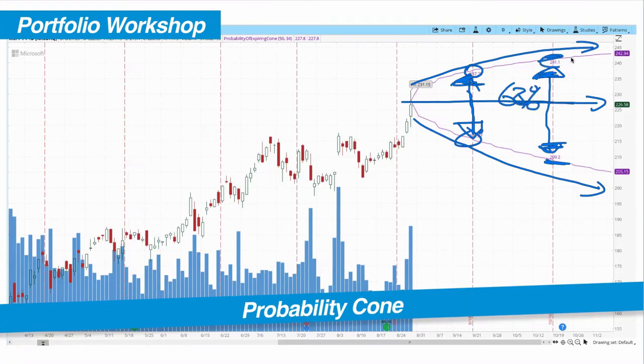So if we're at the edge of the cone, it's going to be, well, the upper and lower boundaries. Let's split this in two. 34% of the time, price is going to be at the edge of the cone on the day of expiration. At the edge of the cone, 34% of the time.